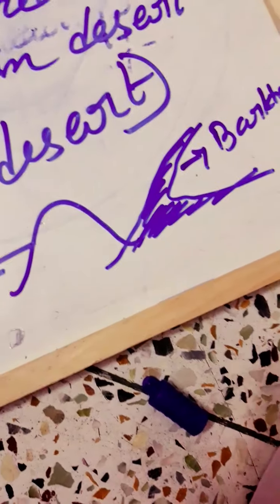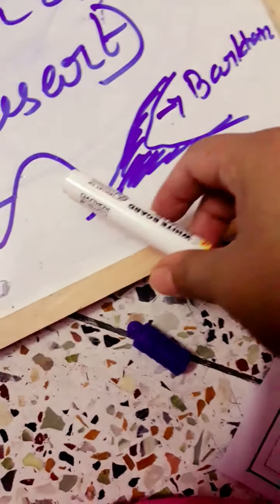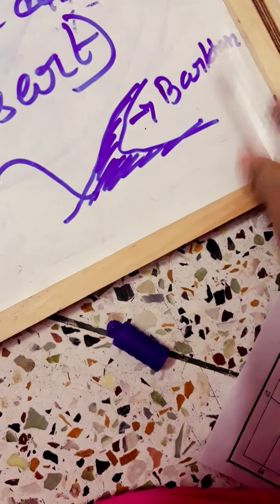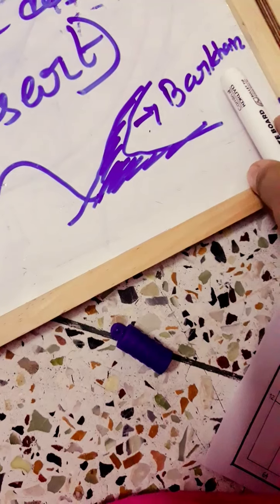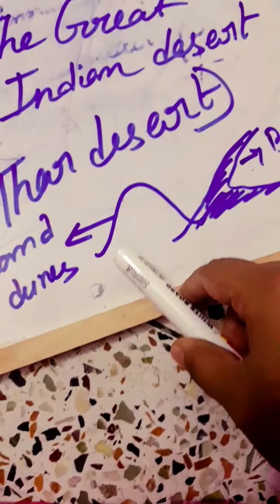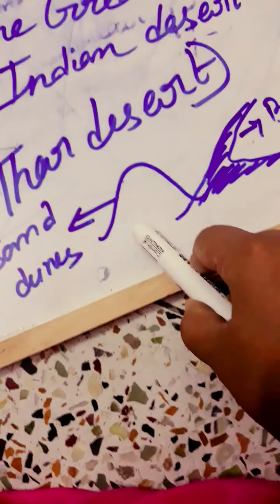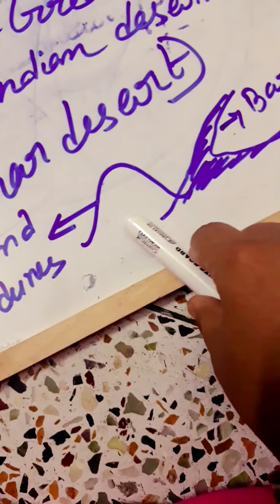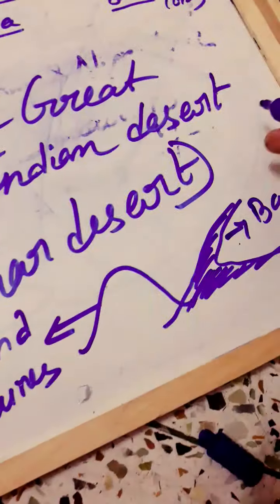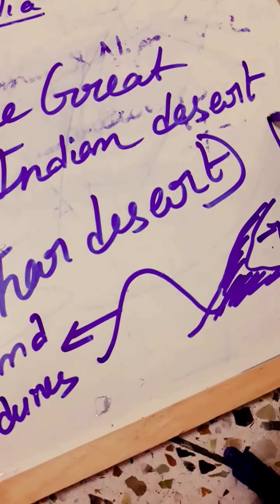In class 8 you all have read about that type of landforms. Barkhan originates from the work of wind in the desert area. You have read that. So this type of landform, like small hills or sand dunes or Barkhan or Seif, looks like this.